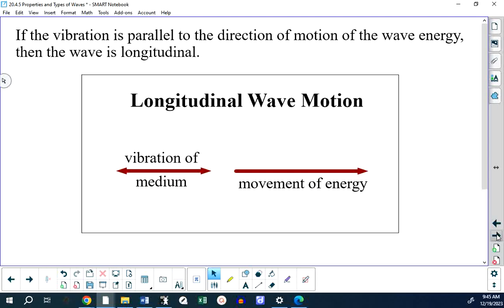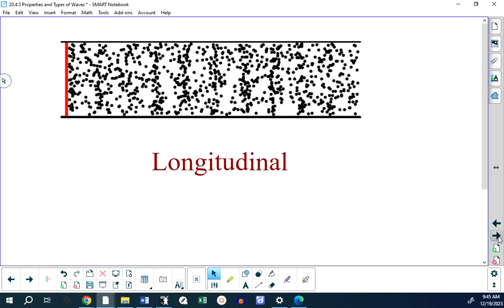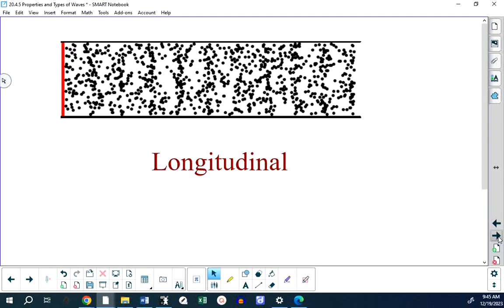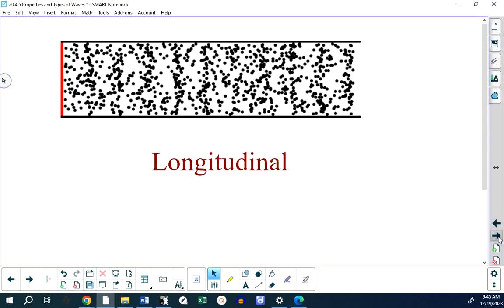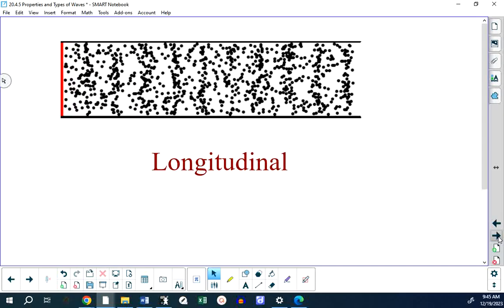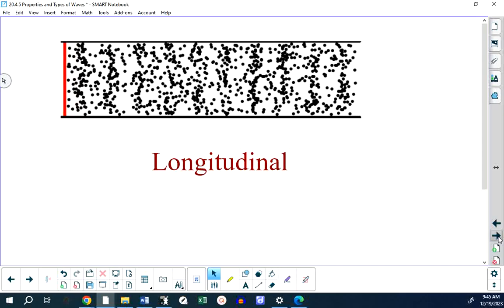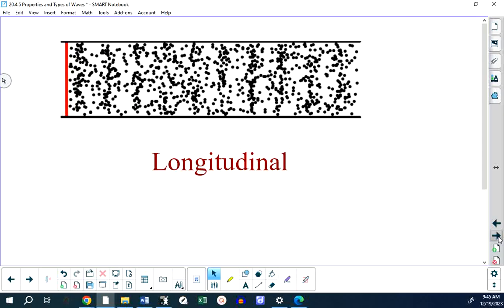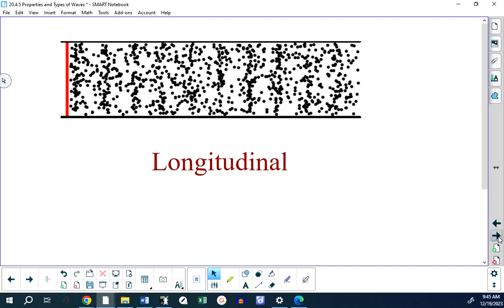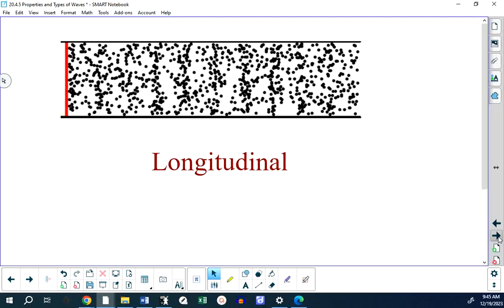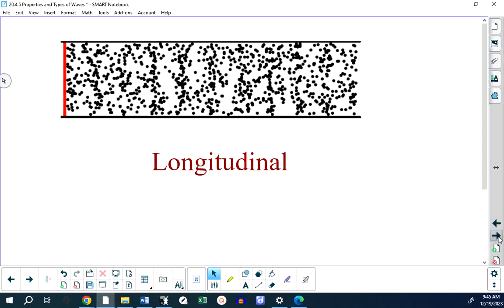I think what I'm about to show you is one of the most amazing illustrations of a longitudinal wave, because even though it looks like something is moving to the right there, if you follow any of those dots, they stop and move back and forth. And they're not even doing it very rapidly, are they? They're just drifting back and forth in a certain way so that you see that energy moving through it.